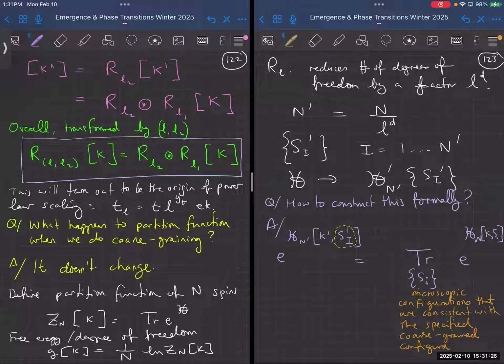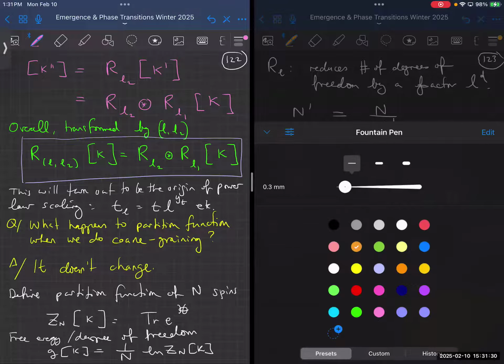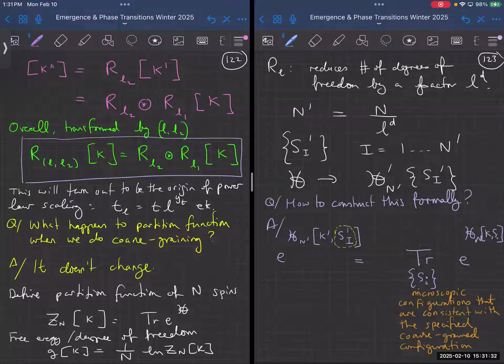And what is that specified coarse-grained configuration? Well, that specified coarse-grained configuration is exactly this. It's actually S_I prime. So I'm now doing a partial sum over configurations that are consistent with this specified coarse-grained one.